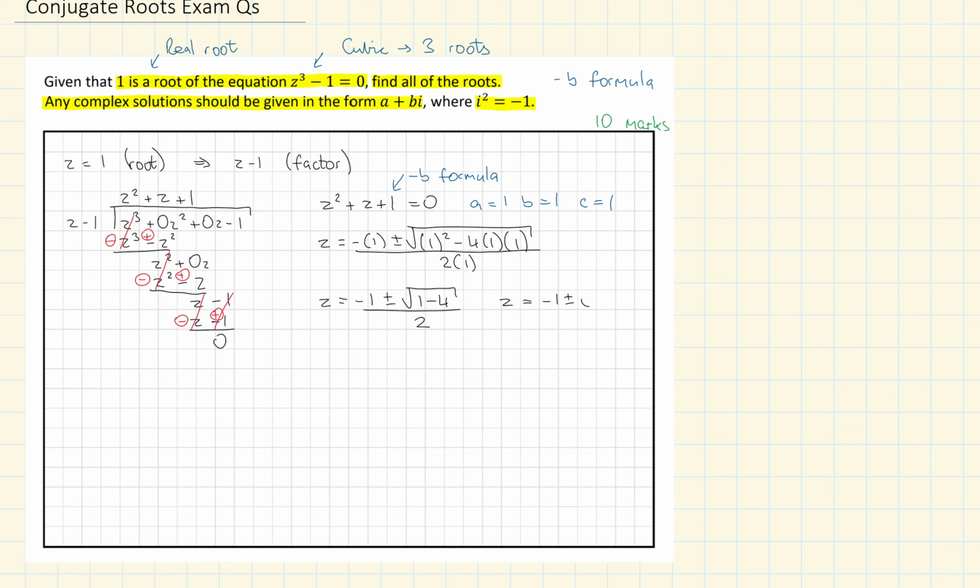Minus 1 plus or minus 3 over 2, and this is where we'll use the fact that root of minus 1 equals i, so we'll add a little bit of rewriting. So that's minus 1 plus or minus root 3 by root minus 1 over 2. So root 3 i over 2.